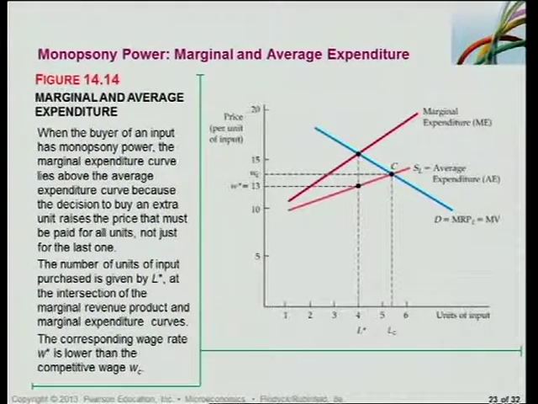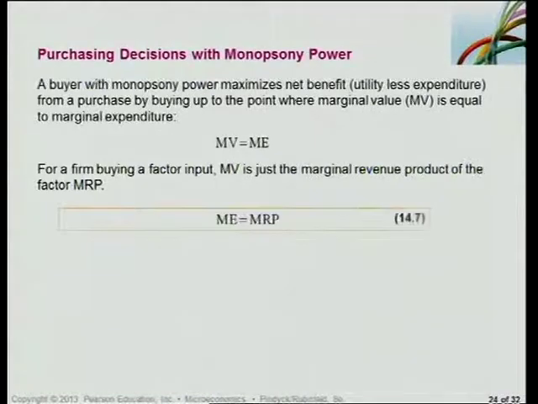And if you go back to the MRP curve there, the MRP curve is also the marginal value curve. So this is the equilibrium condition for a monopsonistic labour market. They will employ labour until MV is equal to ME, which is equal to the MRP, which is also equal to MV. So this condition is very, very important in terms of the monopsonistic labour market.